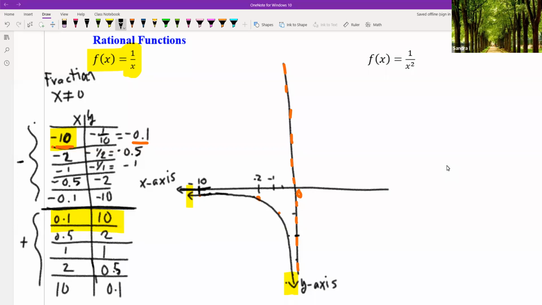Okay, so now let's go ahead and draw this picture. So I'm going to start with 0.1, that gives me like a 10. 0.5, that gives me like a 2. A 1, that gives me a 1.